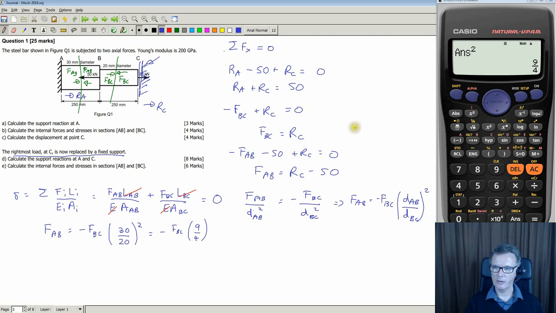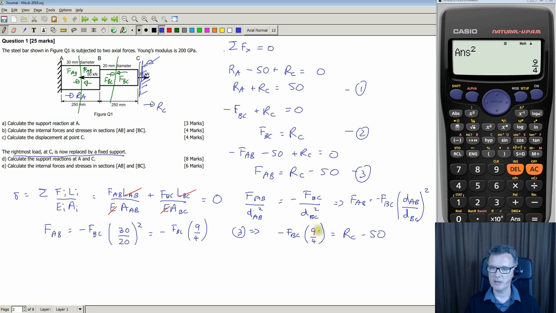So we've got equation 1, equation 2, equation 3, and we want to get rid of our F's. So the first thing I can do is get rid of FAB, easy enough. So equation 3 therefore becomes minus FBC 9/4 equals RC minus 50.